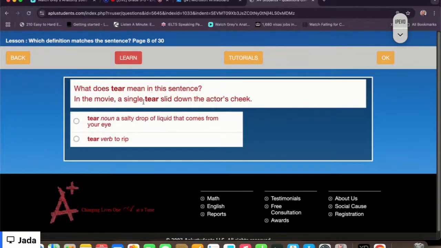Okay, so in the movie, a single tear slid down the actor's cheek. Is it the first or second?